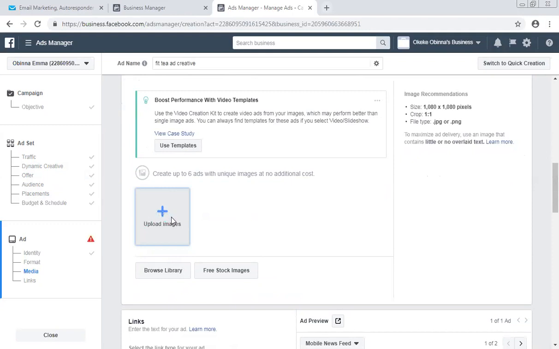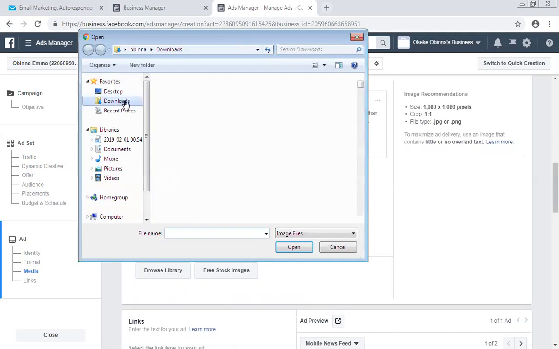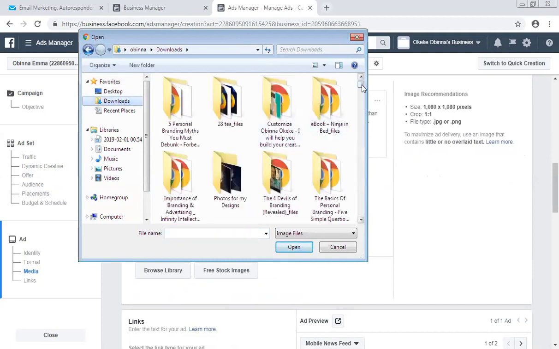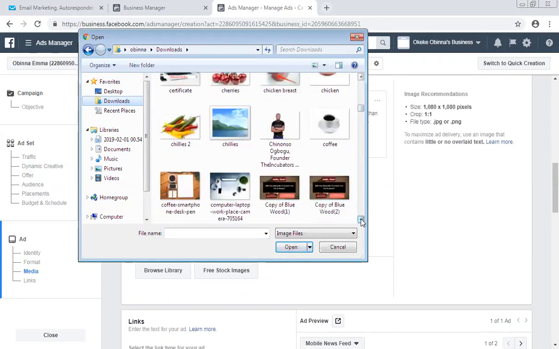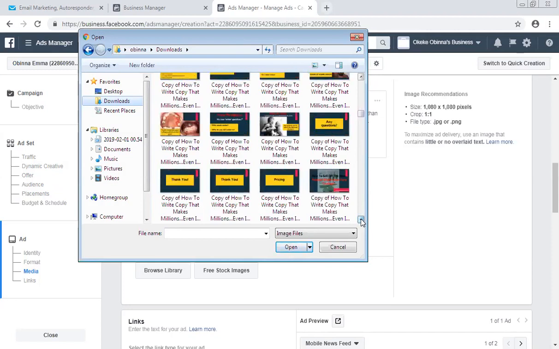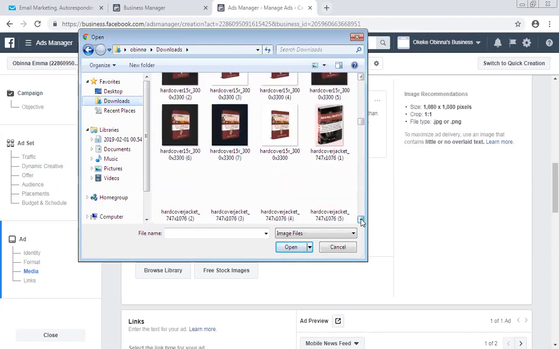You have to wait for it. I don't know why it's taking time. Okay. So it brings me to this image that I saved. Let me click on download. I already have a particular image for this training. So let me quickly search for it. I designed it on Canva, canva.com. That's what I use in designing my images.